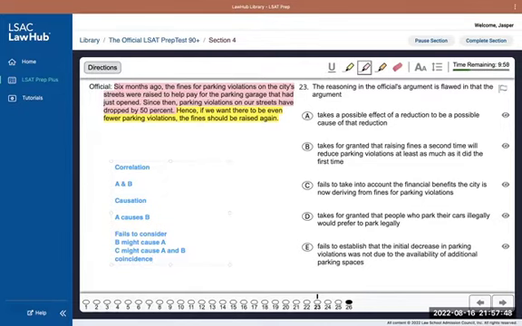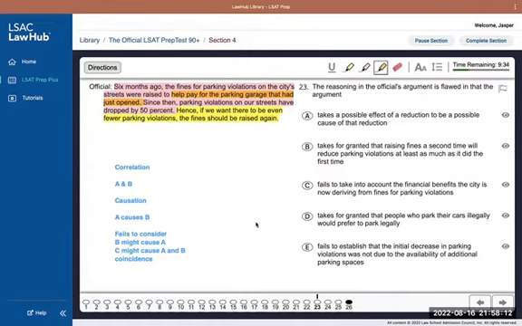In this case, they're a little bit sneaky. I mean, they're always kind of sneaky, aren't they? But they're either sneaky or they're kind of giving us a hint. The fines were raised to help pay for a parking garage that had just opened.